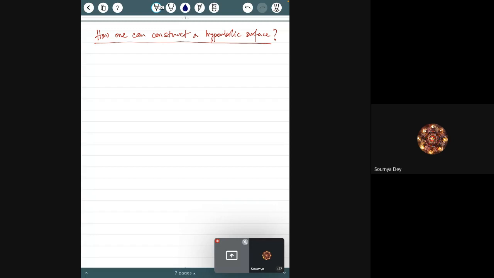For that, there is a theorem which says that given three positive real numbers a, b, c, you can have a right angled hexagon. What is the meaning of that? My drawing will not be perfect.